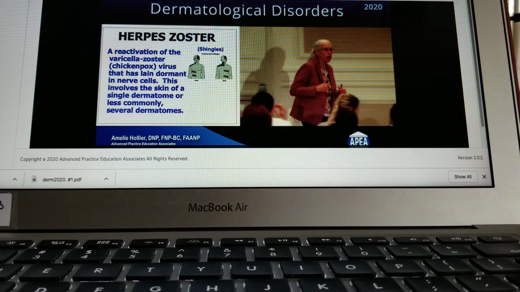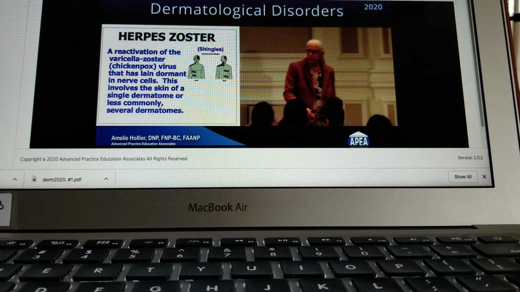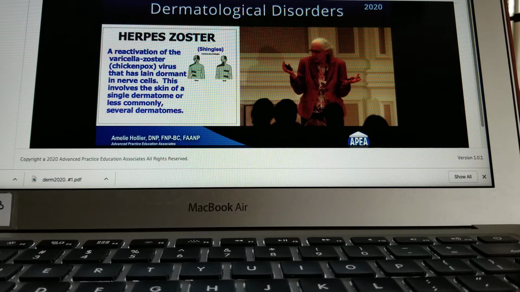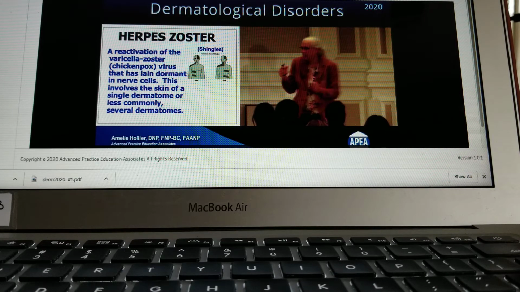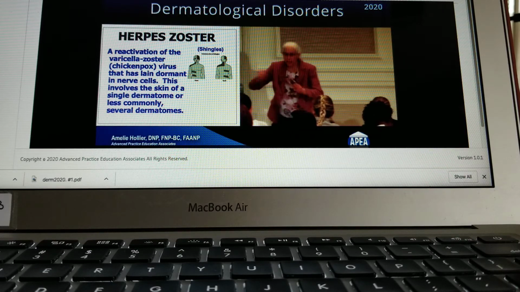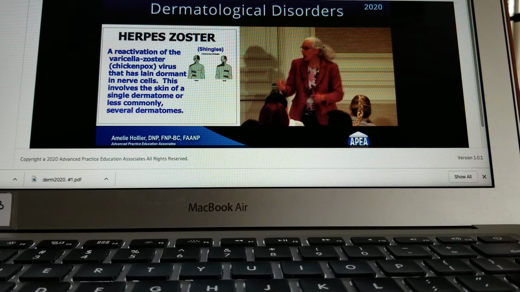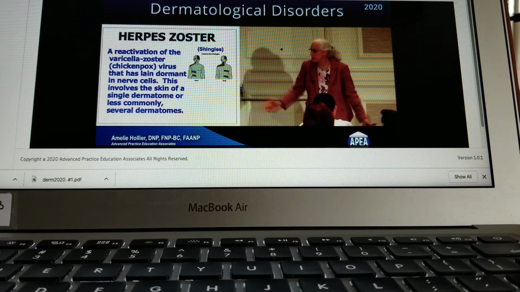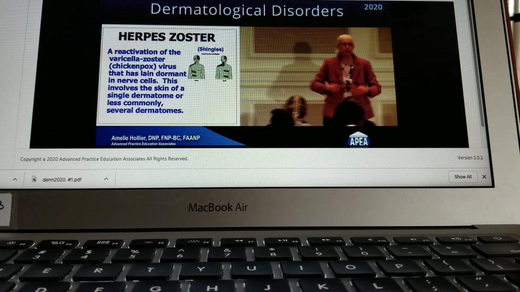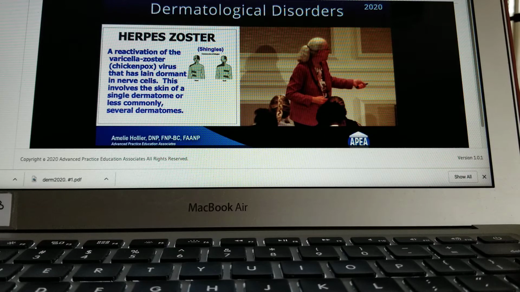And lying dormant right now inside of you is that herpes zoster virus, varicella zoster. If something comes along and wakes up that virus in whatever dermatome it wakes up in, you're going to have shingles. So it's a reactivation of the varicella zoster virus.